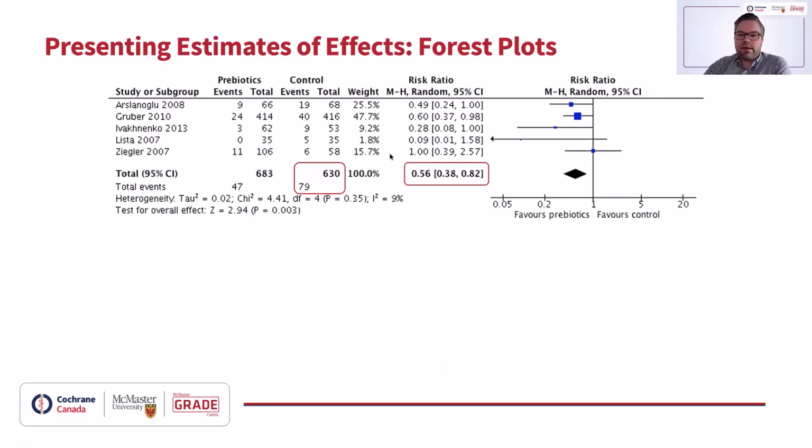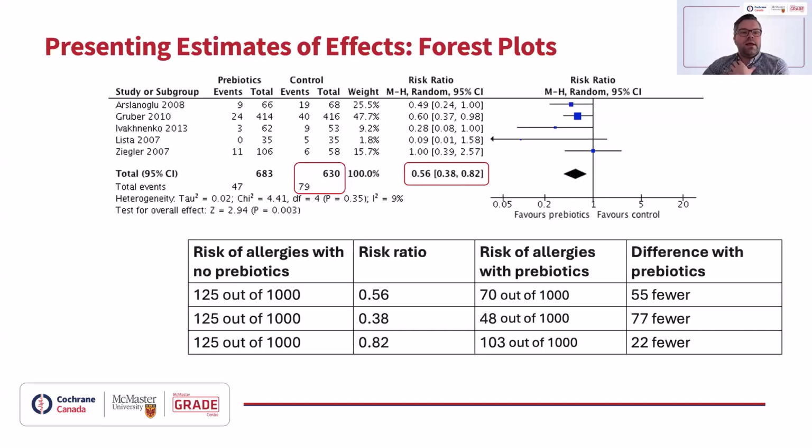So here the necessary values are the risk ratio and our control group event rate. So 79 events out of 630 people. And what this gives us is our absolute effect estimate for this risk ratio and the control group event rate.